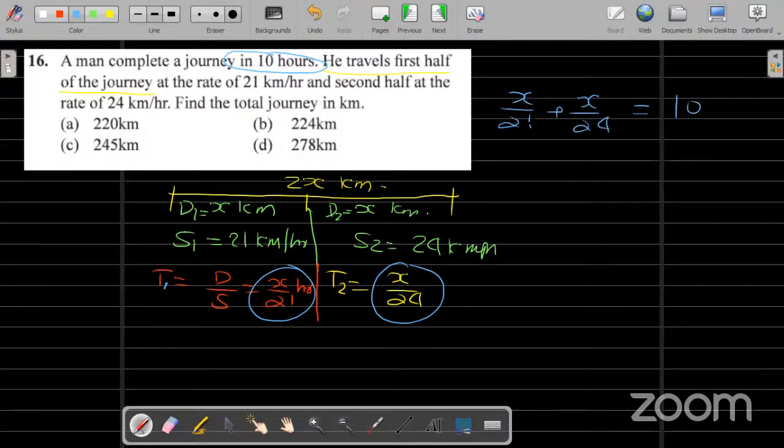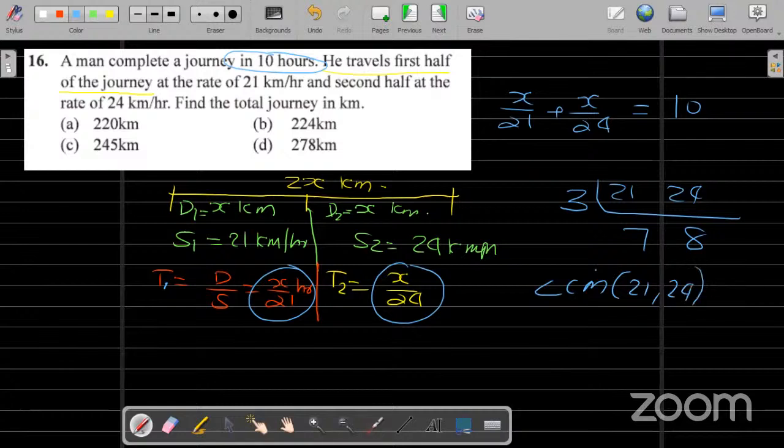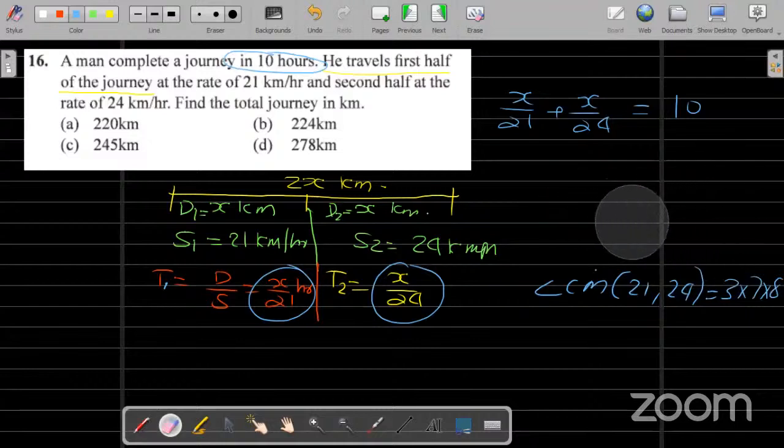The LCM of 21 and 24 will be 3 into 7 into 8, since both numbers are divisible by 3, 7, 8. For solving such equations, to get the value of x, multiply with the LCM of denominators.